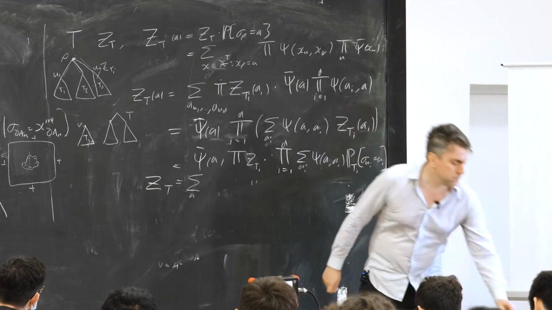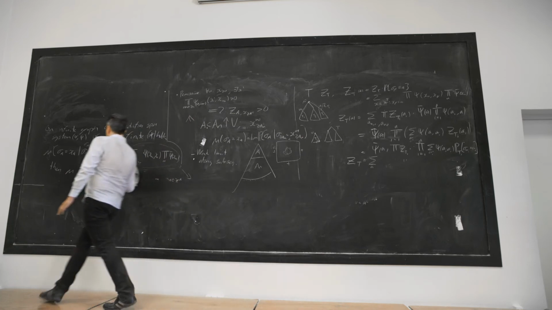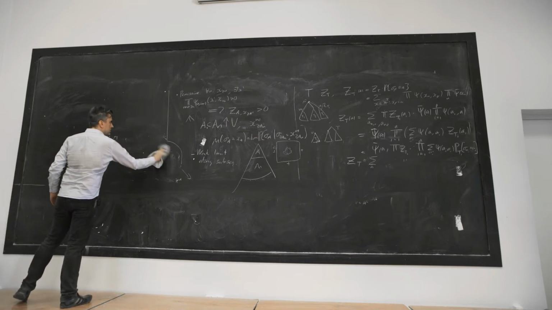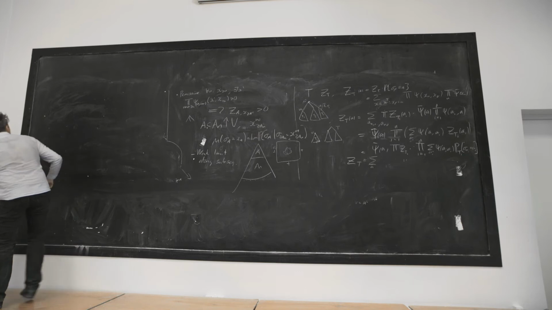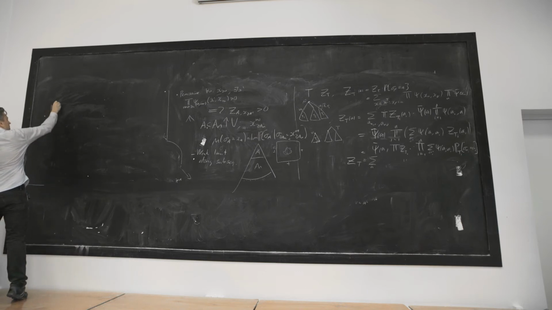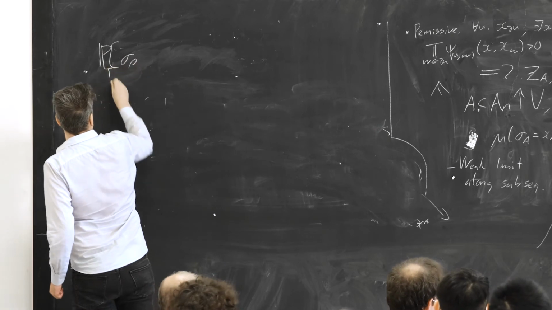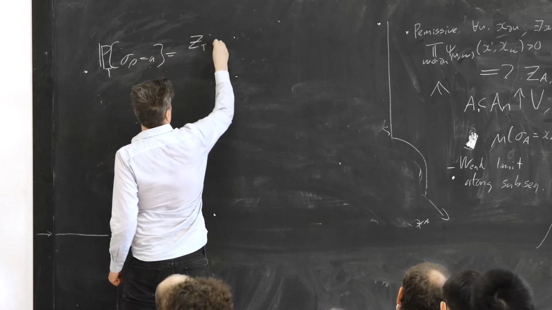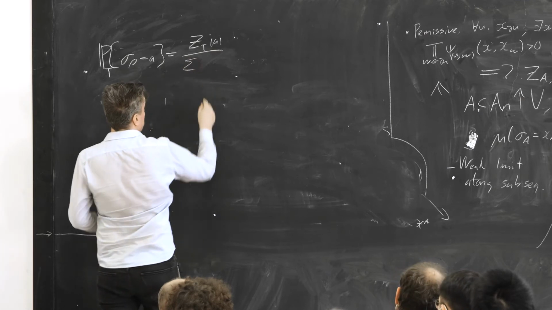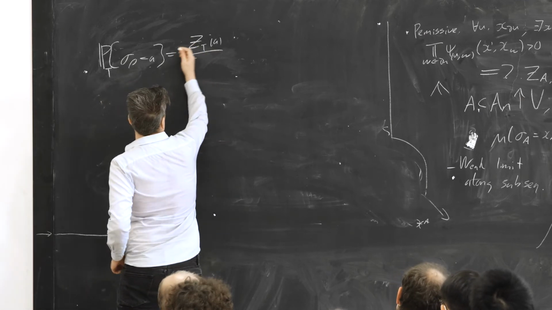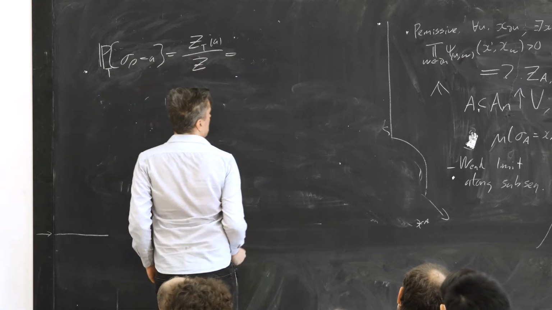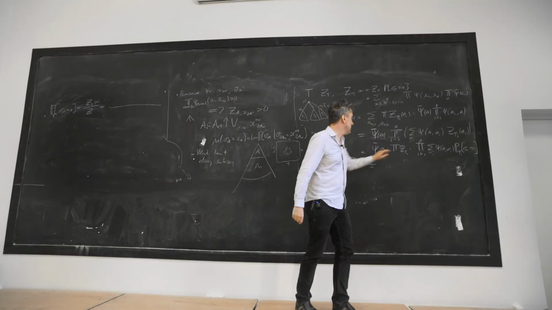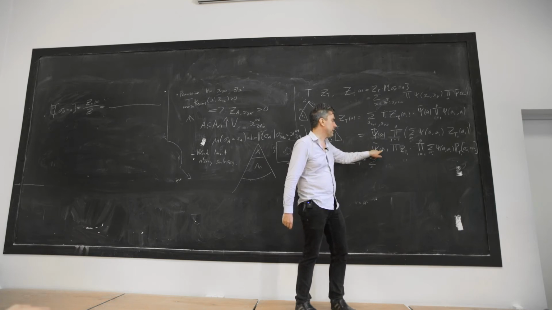And then, okay, if I want to calculate the marginal at the root in the tree T, it will be Z_T of A over Z, so it will be just the fraction of the partition function, Z_T over Z, which is basically this formula divided by it replacing A with all the possible choices.